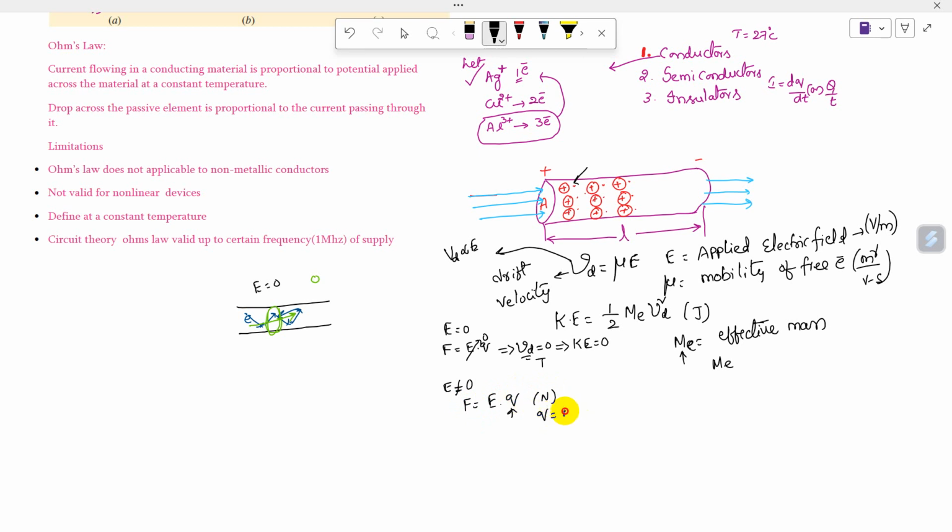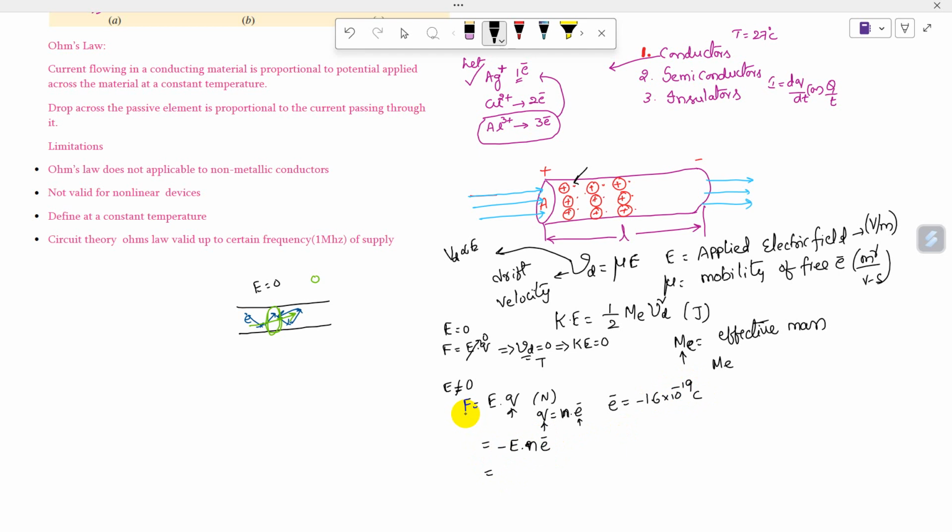It is given by N into the electron charge, a single electron charge, multiplied by the number of electrons inside the conductor, which gives the total charge. The charge on the electron is minus 1.6 into 10 to the power minus 19 coulomb. So this is minus e into N into E.